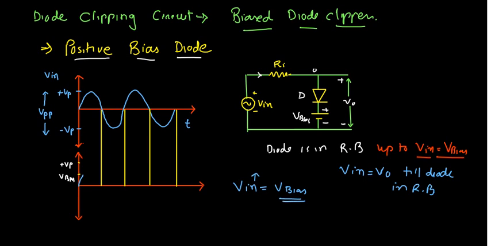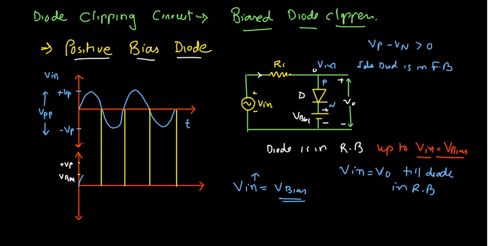When this V input is trying to go above V bias, at that time, of the positive and negative terminals of the diode, this Vp is higher than this Vn. At that time you can say Vp minus Vn is greater than 0. We can directly say this ideal diode is in forward bias.